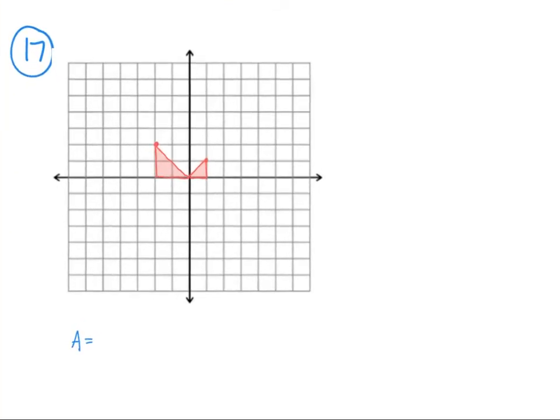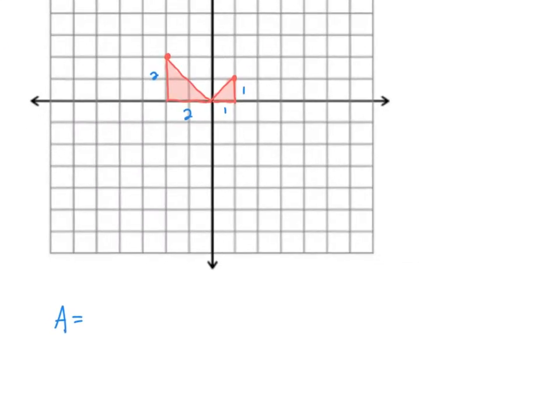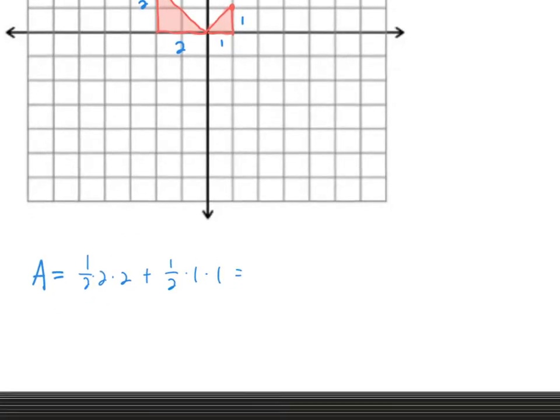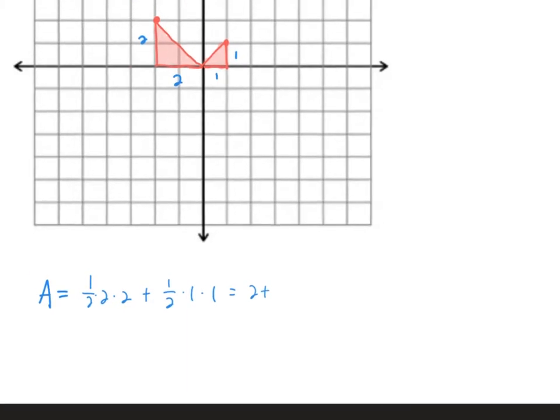You know, this is 2 and this is 2, this is 1 and this is 1. I mean, we could do 1/2 base times height for each of them. So 1/2 base times height plus 1/2 base times height. And that's it. So this is just 2 plus 1/2, so that's 2.5.